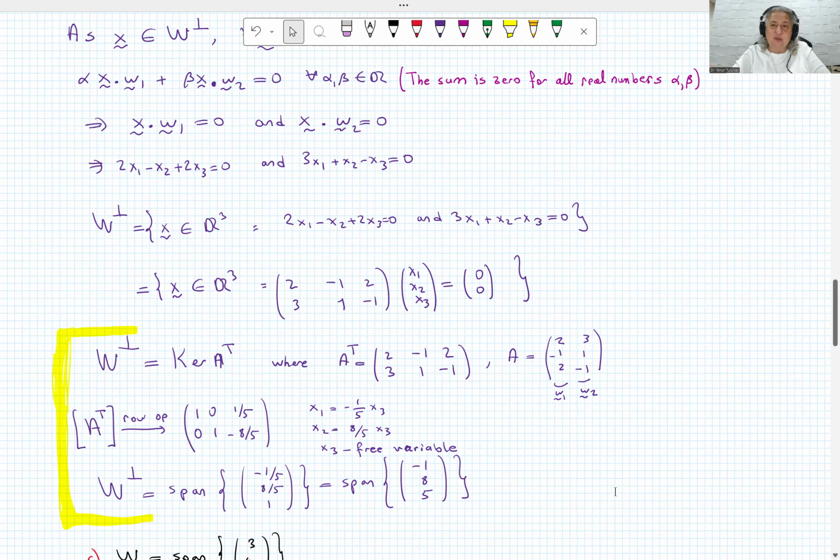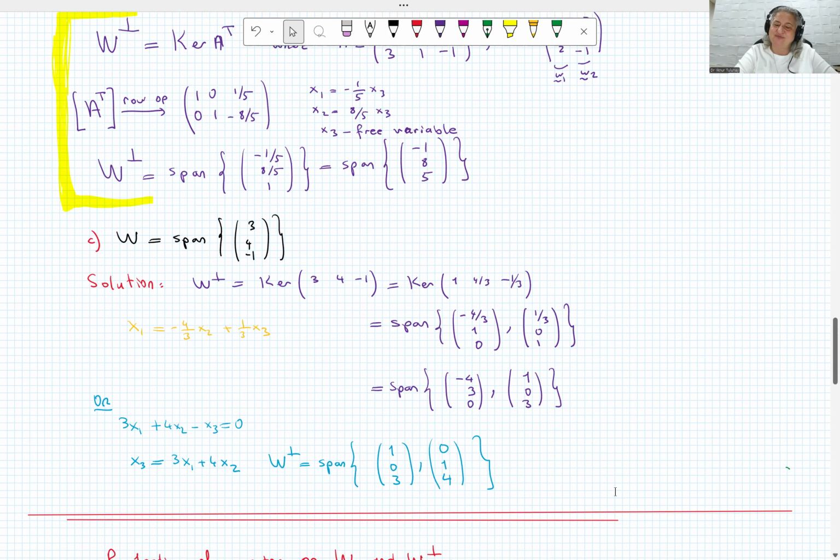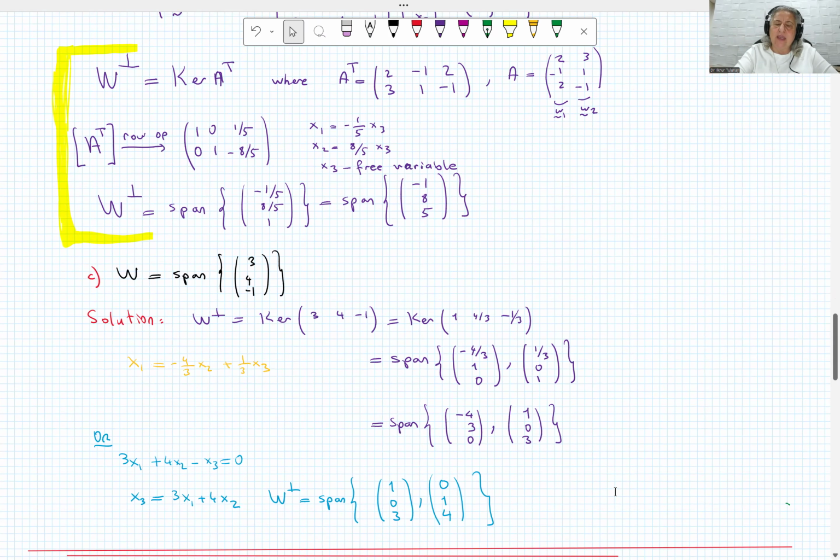I hope this is useful, and that it makes things a lot clearer rather than only memorizing things to solve. Now, if you have W with only dimension 1, one vector spanning W, there are two ways of doing it.